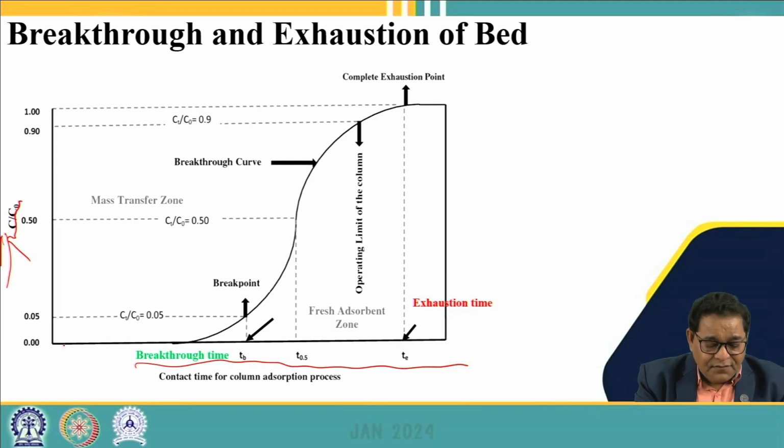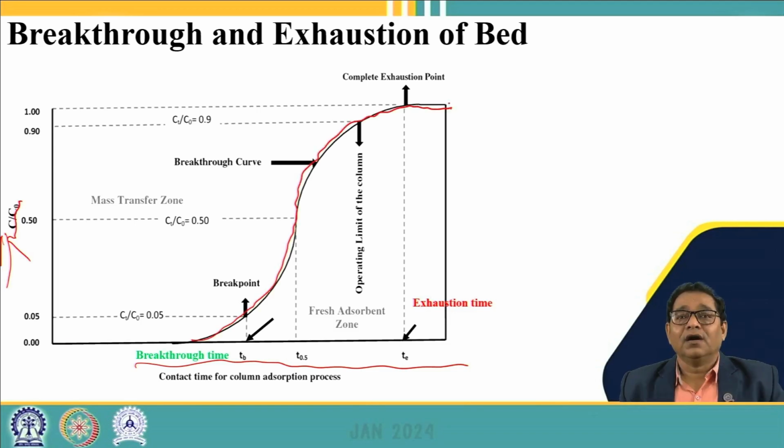So here we see the breakthrough curve we have got for the adsorption study. How do we find out this breakthrough point, and how do we find the point of exhaustion? Basically, the breakthrough point is defined as the point when the concentration of the adsorbate in the effluent comes to around 5% of the initial concentration of adsorbate in the solution.